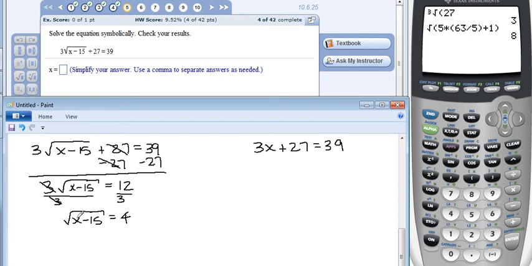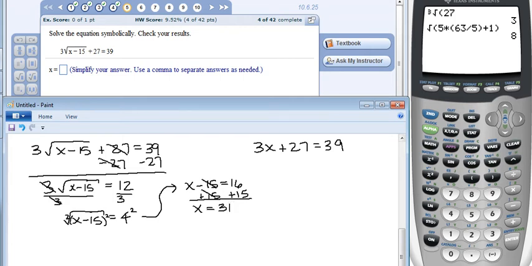Now I square. This 2 and this 2 wipe each other out. So now we have x minus 15 is equal to 16, 4 squared. And then I add my 15 across. This is gone. So we have 31.